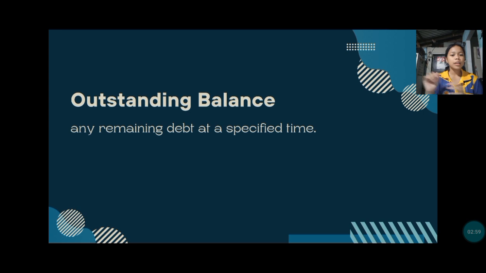Tapos, nabayaran mo na yung 4,000. So, your outstanding balance is 6,000 na lang kasi nabawasan mo na yung utang mo, which is the 10,000. Nagbayad ka ng 4,000, at yung magiging balance mo na lang sa loan mo is 6,000. Now, that's the outstanding balance.